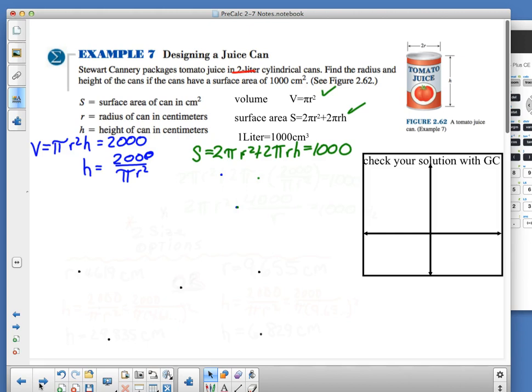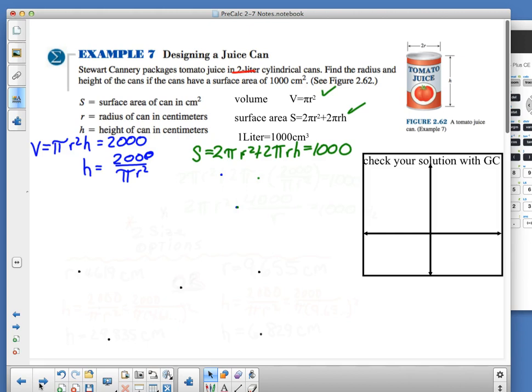I'm supposed to find the radius and height of the cans if the cans have a surface area of 1,000 centimeters squared. I'm going to have a bunch of information with the surface area. So I'm going to use my height to help me find radius, because in my surface area formula I have h, and I'm going to take 2,000 over pi r squared and substitute it in.